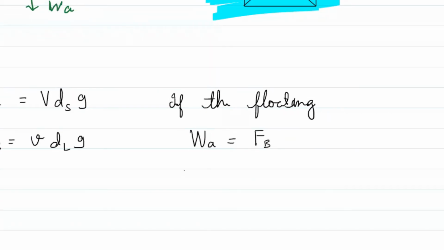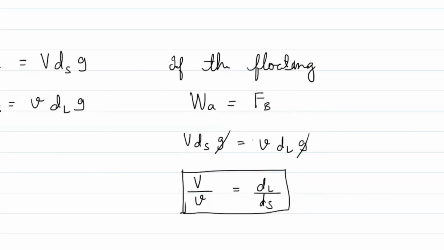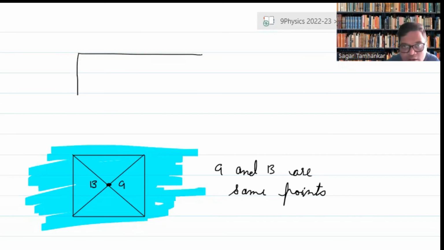And therefore what you have is volume of the body, the whole body, times density of the solid times gravity is equal to volume submerged times density of liquid times gravity. So this will get cancelled. And what we get is the total volume upon the volume submerged will be equal to density of liquid upon density of solid.